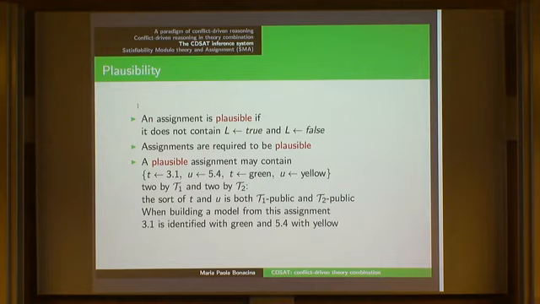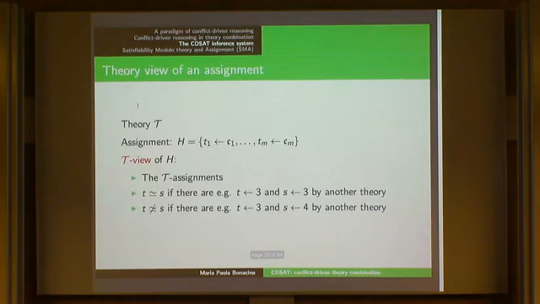If this is the case, and if the whole thing turns out to be satisfiable, then when we build a model from this assignment, what happens is simply that the symbol 3.1 is identified with the symbol green in the interpretation, and the symbol 5.4 is identified with the symbol yellow in the interpretation. So it's only in the Boolean case that we require, of course, we don't want to collapse true and false.